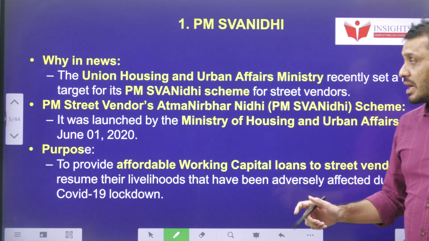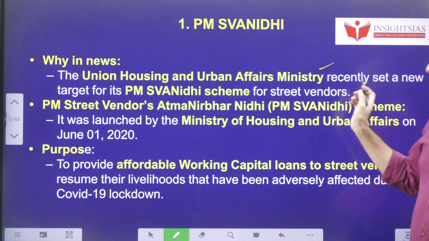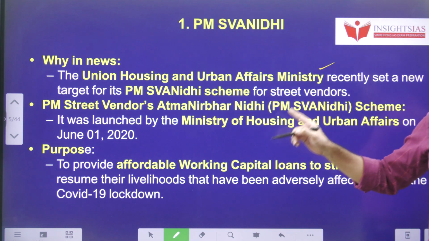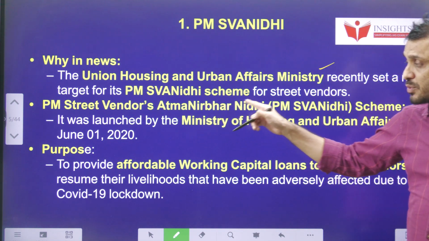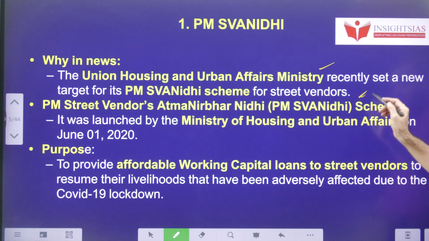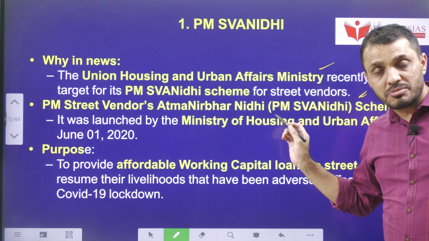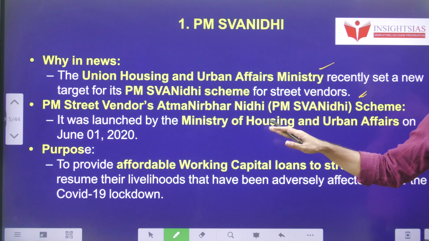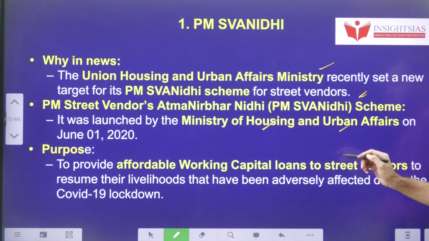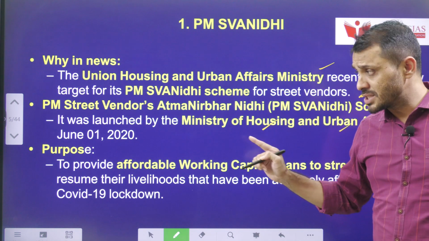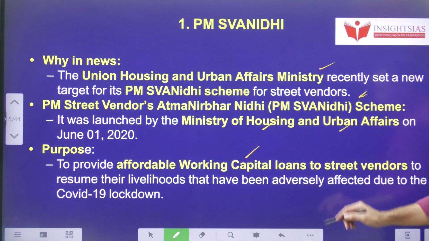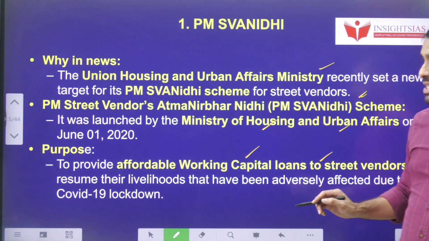The Union Housing and Urban Affairs Ministry recently set a target for the PM-SWANIDHI scheme. SWANIDHI stands for PM Street Vendors Atmanirbhar Nidhi. Sometimes when you are looking at acronyms, you have to know the full name of that acronym. It is operated by the Ministry of Housing and Urban Affairs, and it was launched in the wake of the COVID pandemic in 2020 to provide affordable working capital to street vendors.